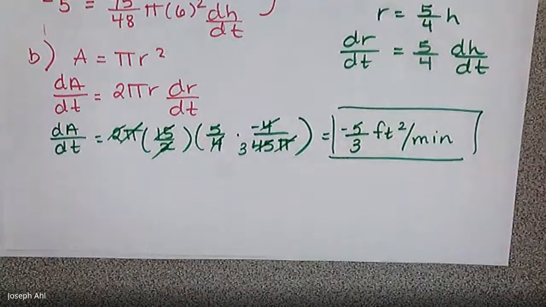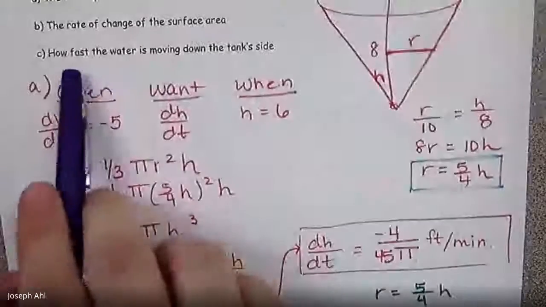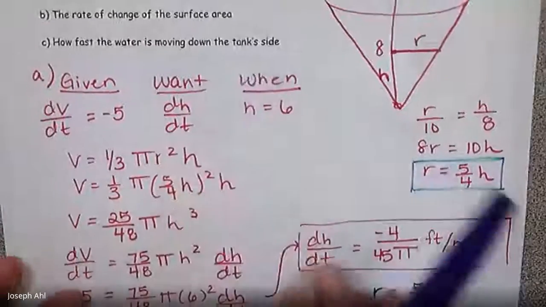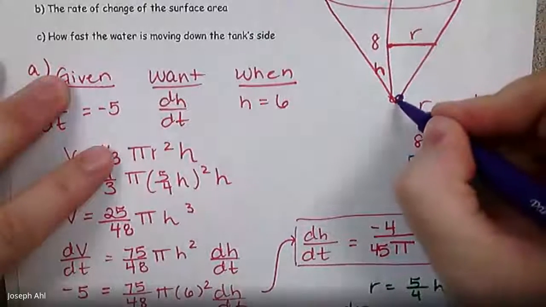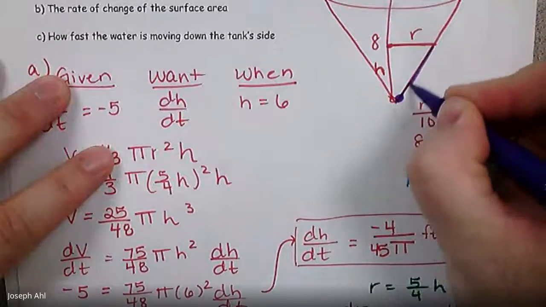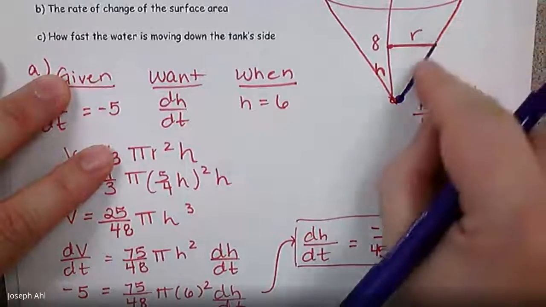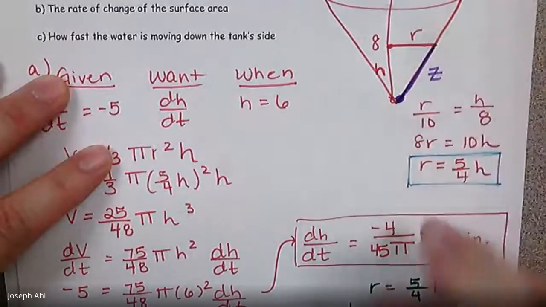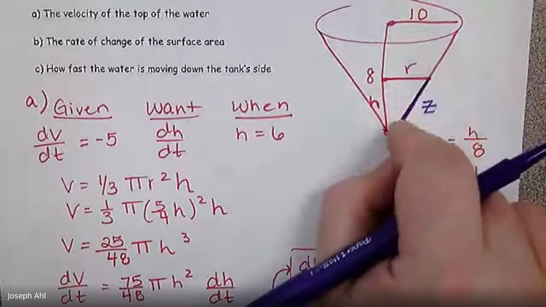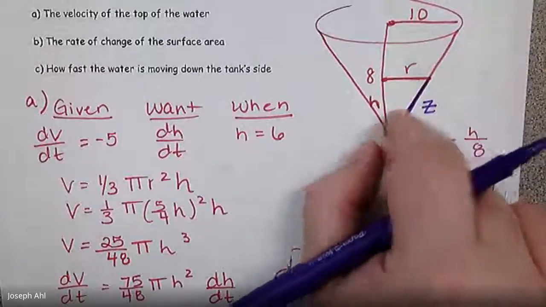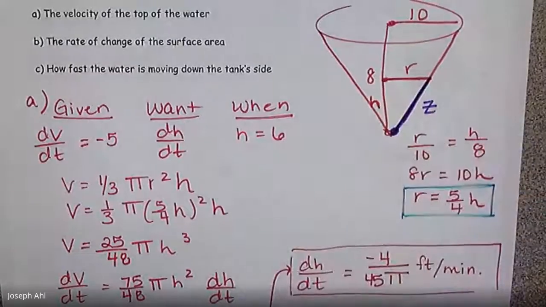So last but not least, we have to figure out how fast the water is moving down the tank's side. What we're looking for here is the rate of change of how fast the water is sliding down here. So we're going to need another variable. Let's call that z. Once we have that defined as z, we can use these three variables and do some quick Pythagorean theorem.